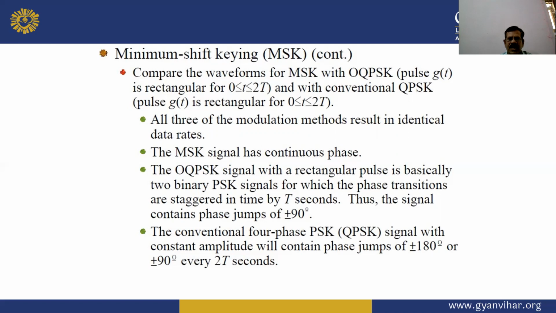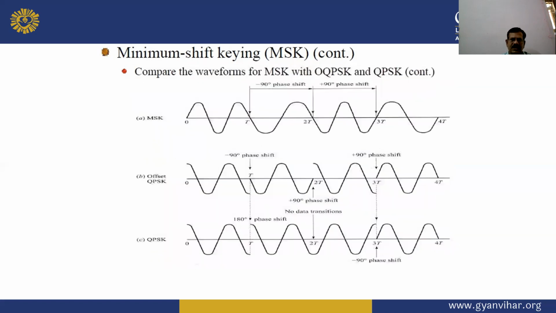The OQPSK signal with a rectangular pulse is basically two binary PSK signals for which the phase transitions are staggered in time by T seconds. Thus, the signal contains phase jumps of plus or minus 90 degrees. The conventional four-phase PSK, QPSK, signal with constant amplitude contains phase jumps of plus or minus 180 or plus or minus 90 degrees every 2T seconds.